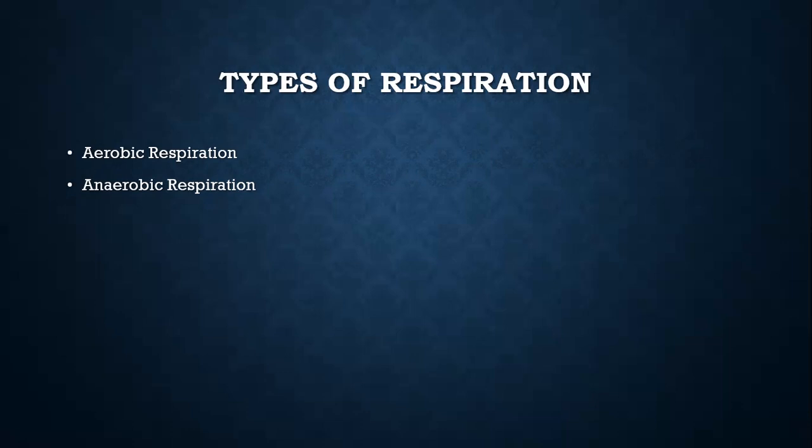In this process, carbon dioxide and water are produced as the end products with the liberation of energy in the form of ATP. Aerobic respiration takes place in most organisms, including human beings, animals, and plants.